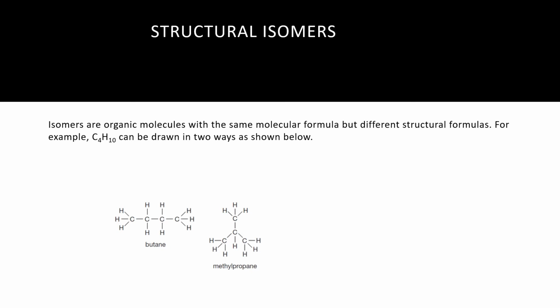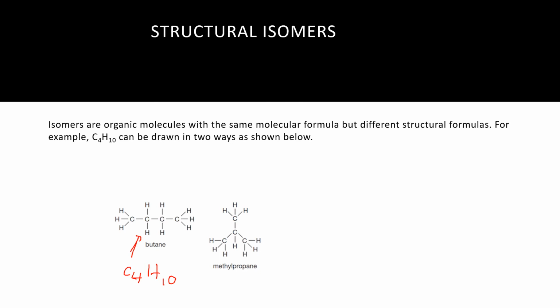For example, butane, how many carbons do you get? 1 2 3 4, 4 carbons. Hydrogens, how many? 10, so C4H10 for this one.